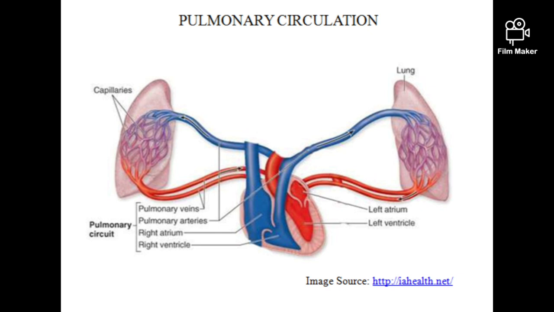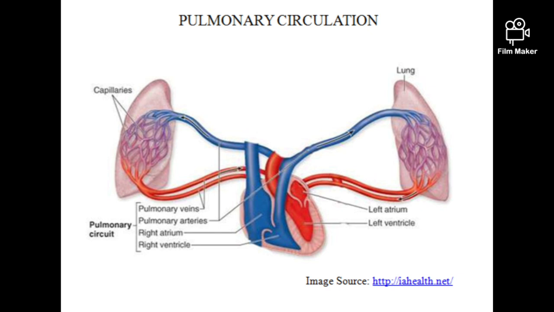You may wonder why I put this particular slide of pulmonary circulation in this module of the respiratory system. Yes, pulmonary circulation is closely associated with the respiratory system, because pulmo means lungs and pulmonary circulation carries blood through the lungs.